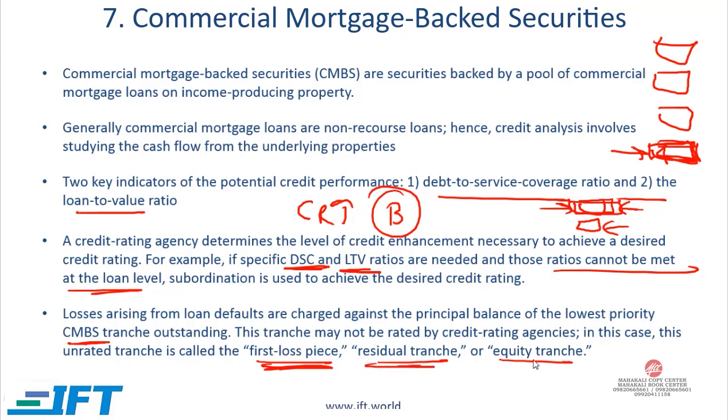It's also called a residual tranche or an equity tranche because any committed fixed payments are first made to the more senior tranches, and whatever is left then goes to the equity tranche. So since whatever is left goes here, it's also called the residual tranche. This is being treated the way equity is treated, where regular debt holders are paid off first and what is left is for the equity holders.